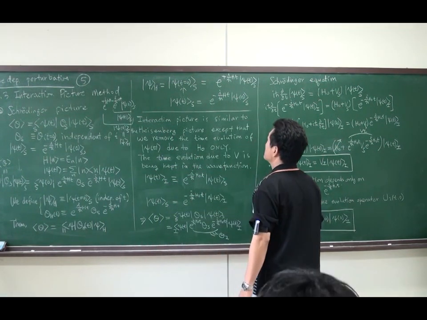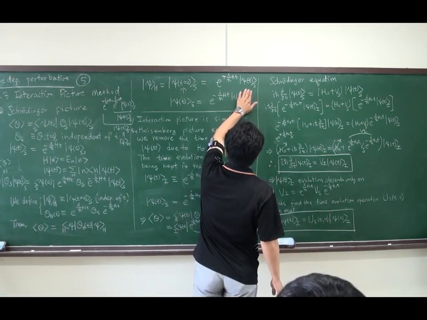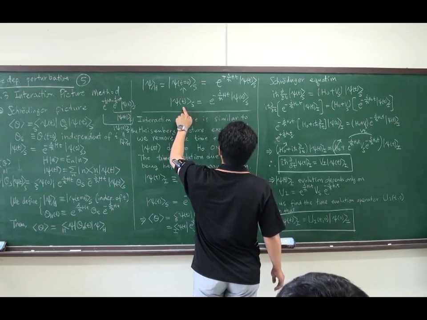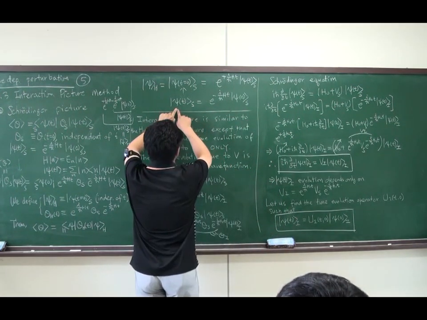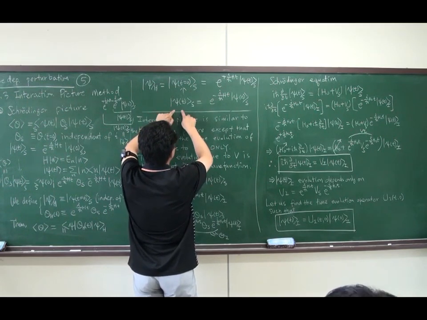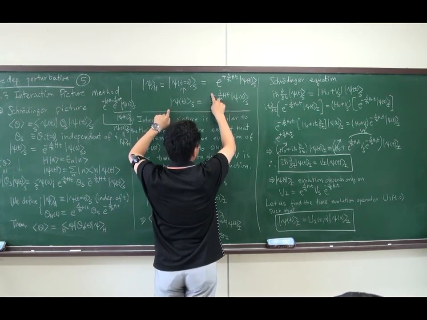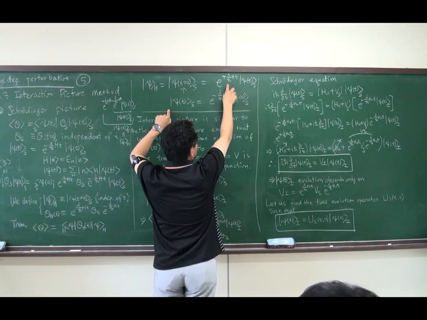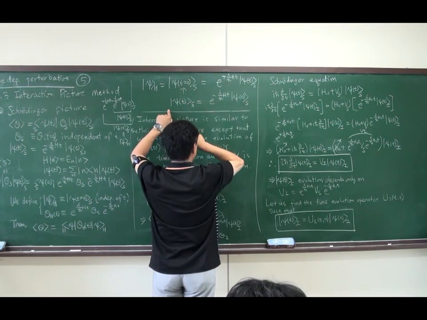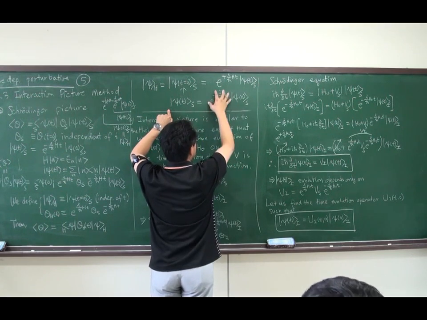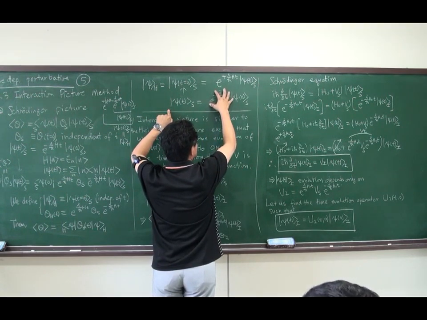In the Schrödinger picture, the state is evolving with a negative sign, and what I have done is just to multiply the positive sign, that is the complex conjugate, that is the inverse, to kill this effect.